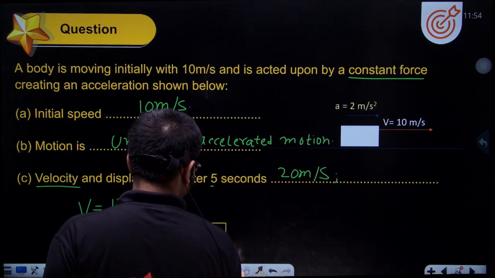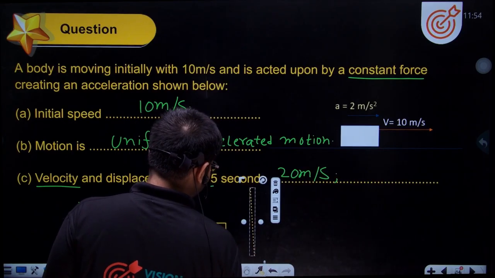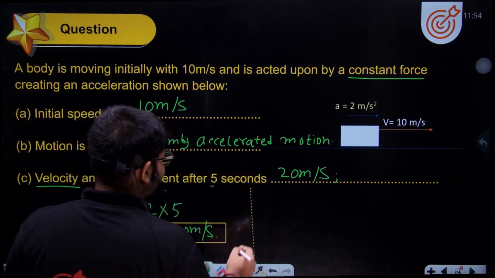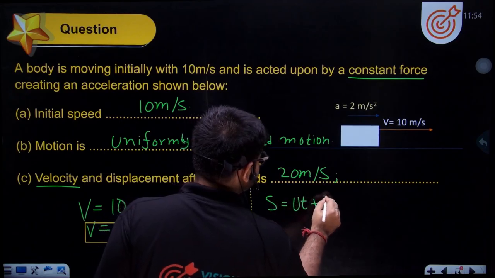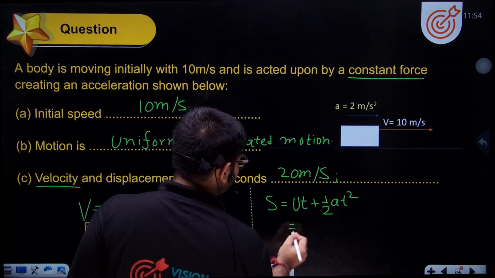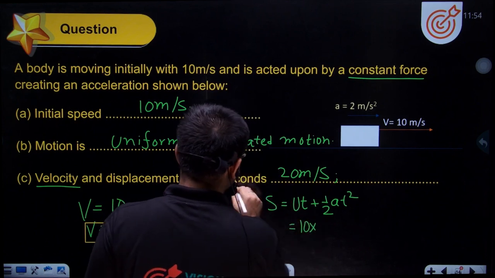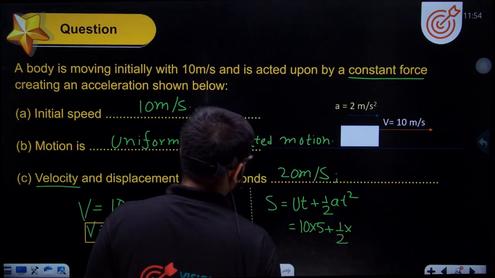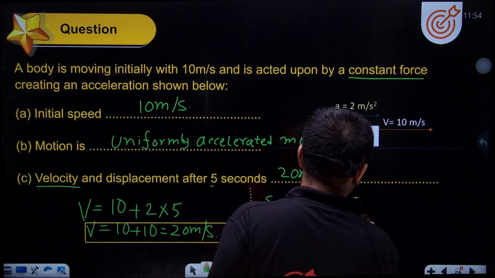Okay, and the displacement. Let us now calculate the displacement. So displacement, if I would like to calculate, you can say that S is equal to ut plus half a t square. So u is how much? U is 10. T is how much? T is 5, plus half. What is the acceleration? Acceleration is 2. And what is the t?